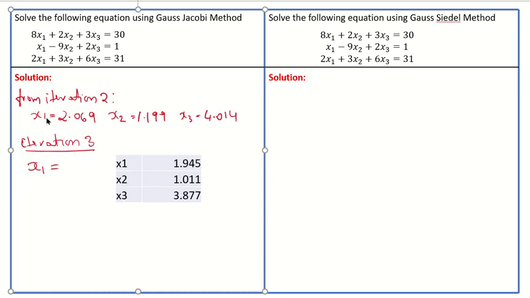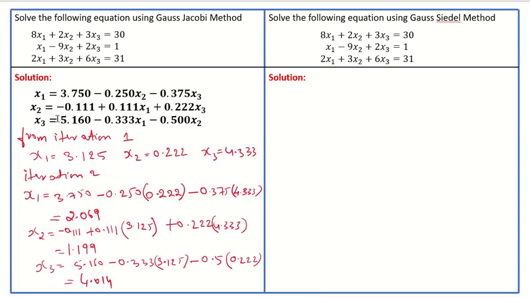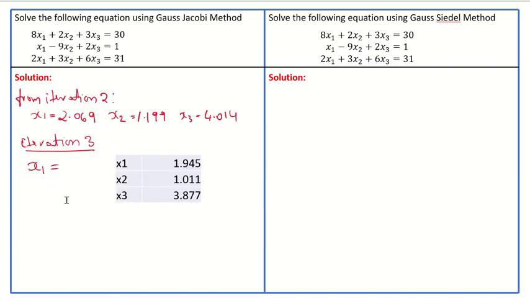From iteration 2 we got these values. Now we put these values in these equations and get the new values of x1, x2 and x3, which are 1.945, 1.011 and 3.877.